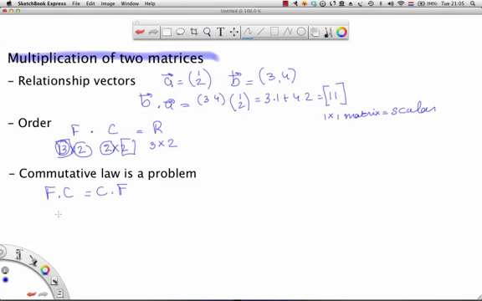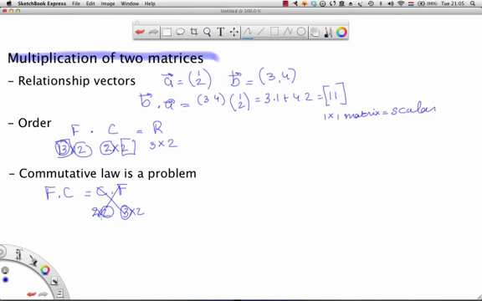First of all, in our case, this wouldn't work, because if I look at the multiplication C times F, you would have a 2 by 2 matrix times a 3 by 2 matrix, and since the number of columns and the number of rows are not matching, this is not possible. So it is doubtful if the commutative law would work.